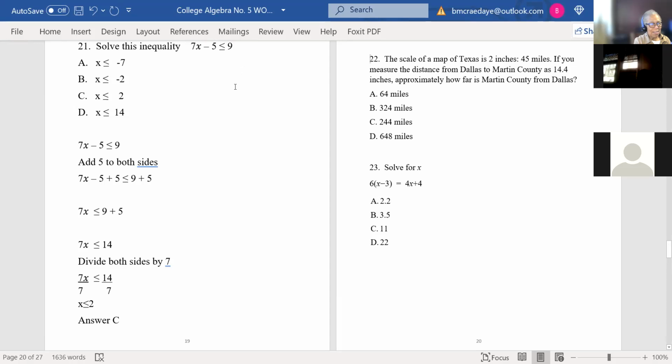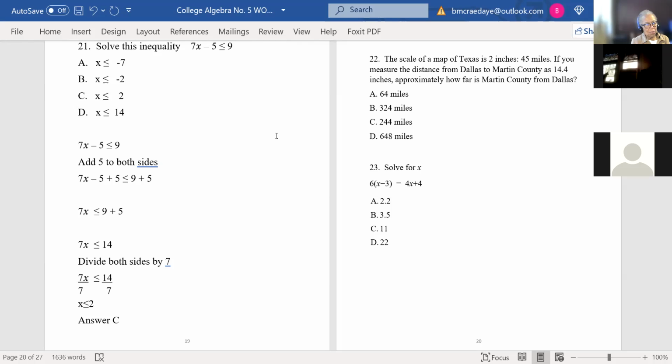But the question I have to ask you, do you know when to change the sign? That's the part I was getting confused about. You mean to change the inequality symbol? Yeah. When do you know when to change it? You change it when you divide or multiply by a negative. Okay, because I want to try to remember that part. Yeah, you have to either divide by a negative or multiply by a negative.